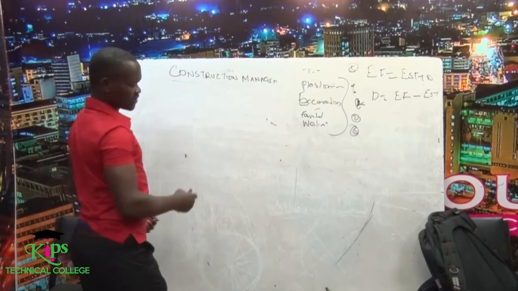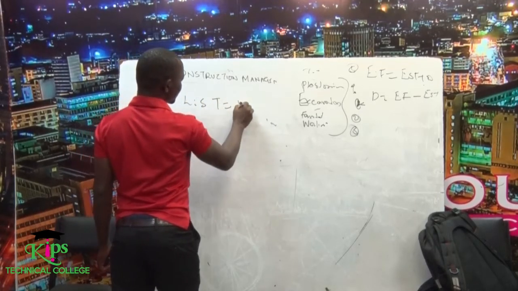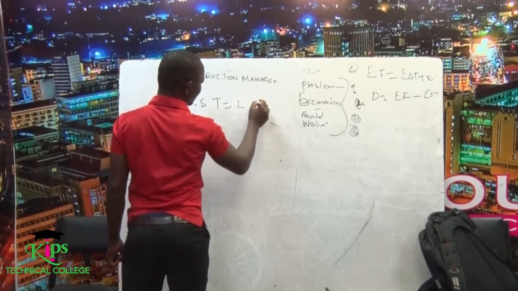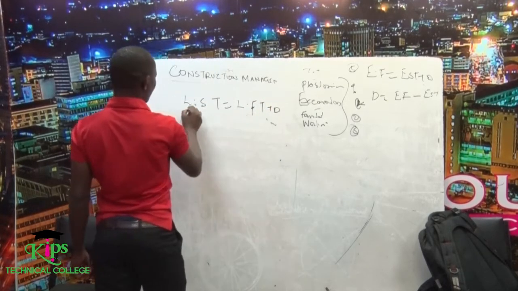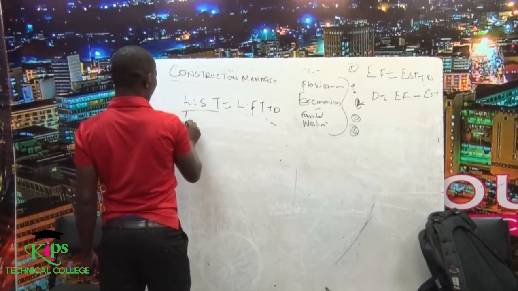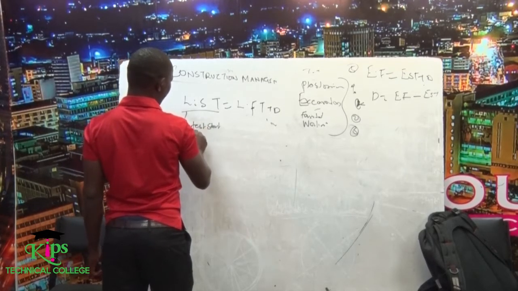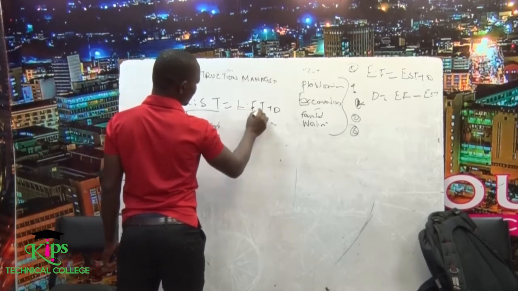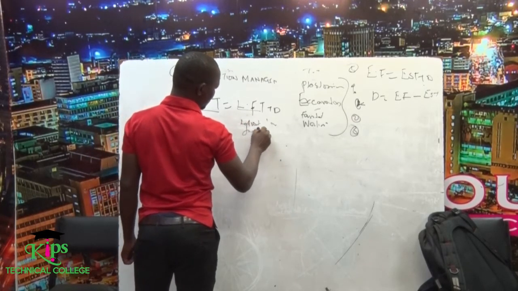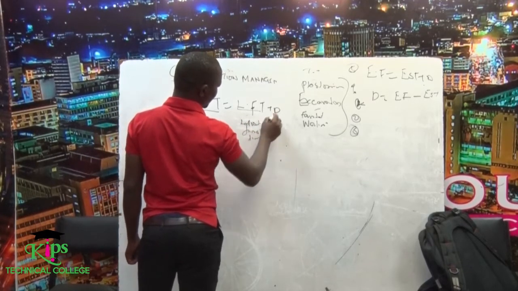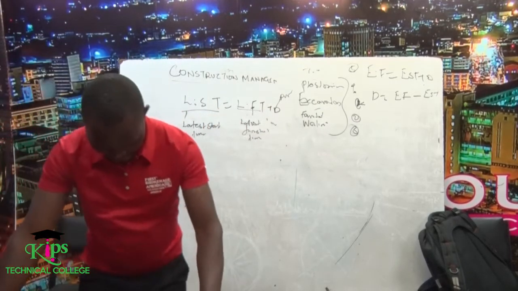Latest start time is equal to latest finish time minus duration. This is called the latest start time, this is called the latest finish time, and this is called the duration.